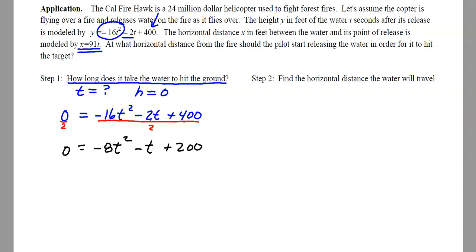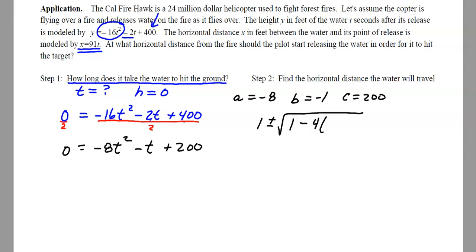So now I've got my a, my b, and my c. So now let's get after it. We've got negative b plus or minus the square root of b squared minus 4 times a times c, all over 2 times a.